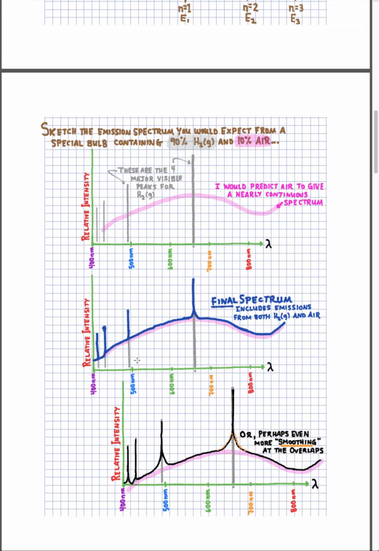So you might have answered there's enough oxygen there in the air to actually combine with hydrogen to make water. You'd have your light bulb explode, and if it exploded, you might not be able to coax the emission spectrum out of it. That's a good answer. I could see it totally. So in any case, thanks for thinking about this, and I'm looking forward to reading all your responses. See you in class.